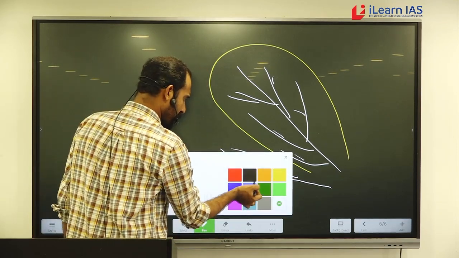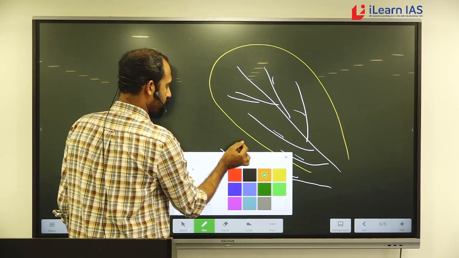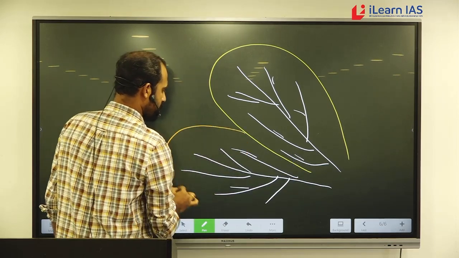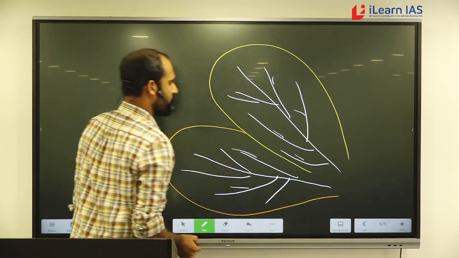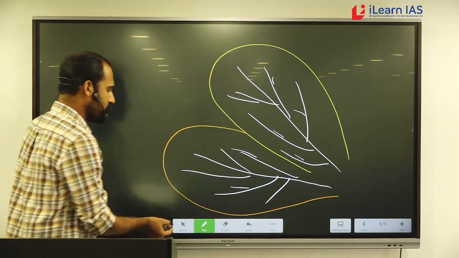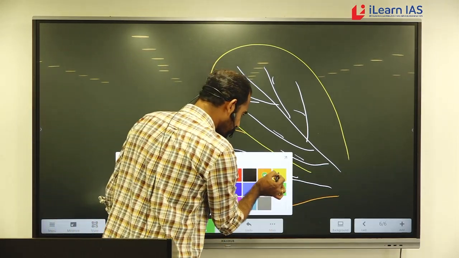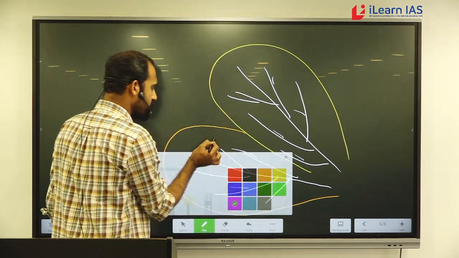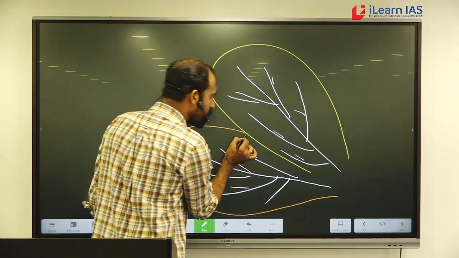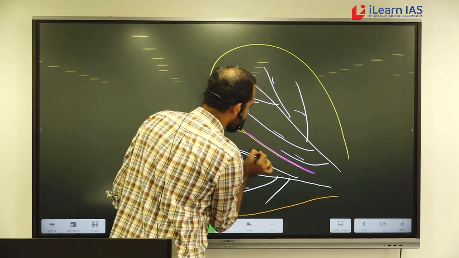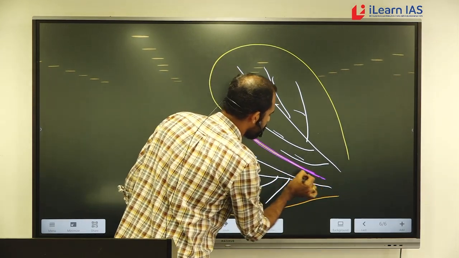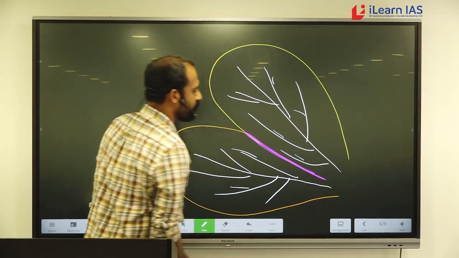Now this will also have a basin. Now at some part you can see that there is a boundary between these two basins.